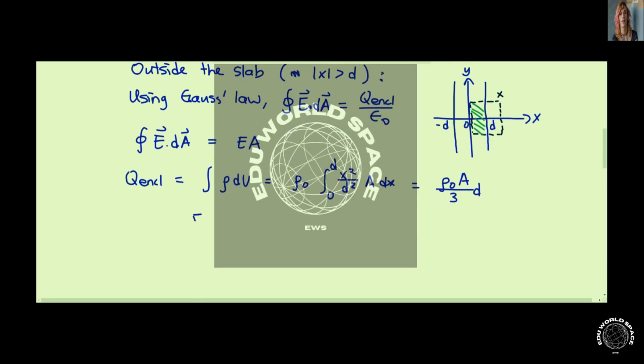We equate both sides and cancel the A, so the magnitude is rho naught d over 3 epsilon naught.